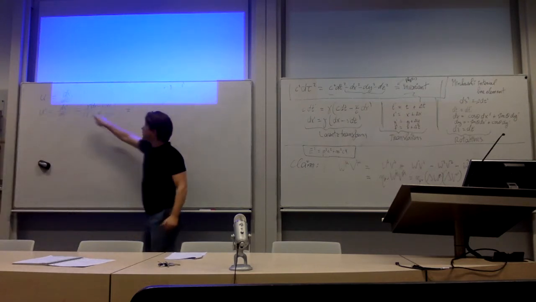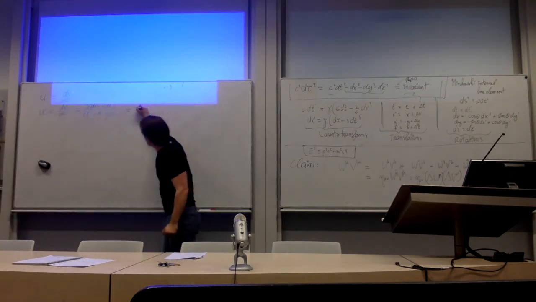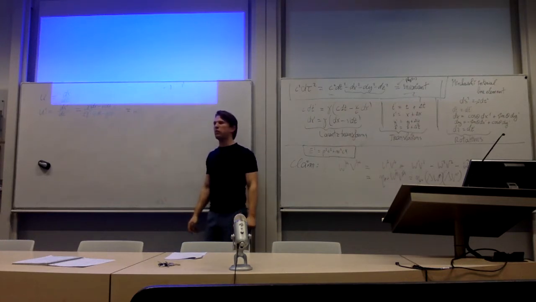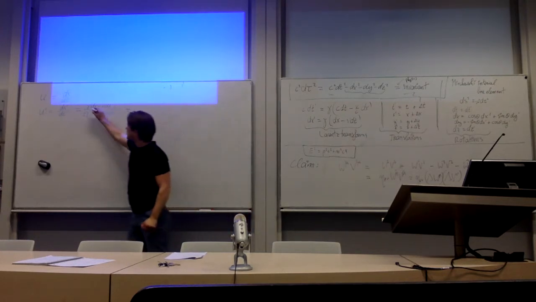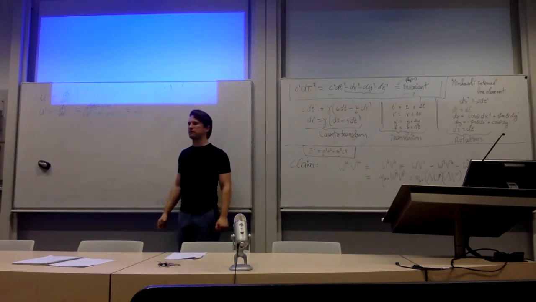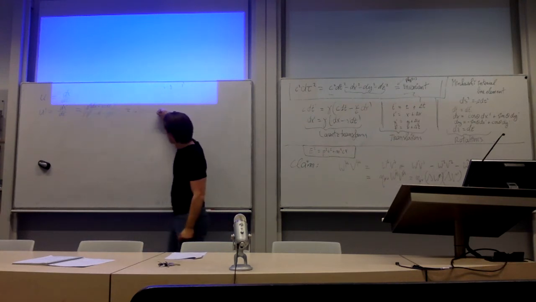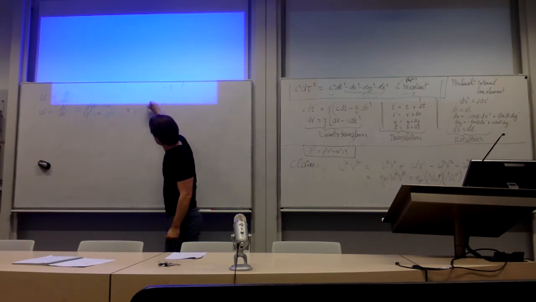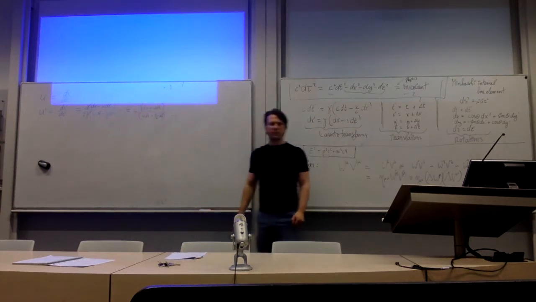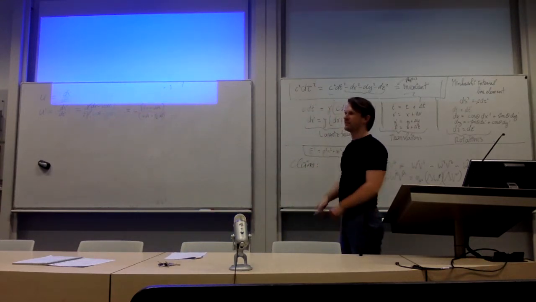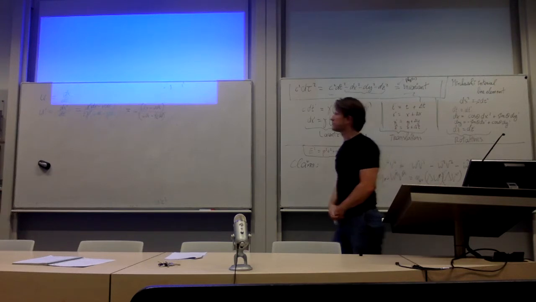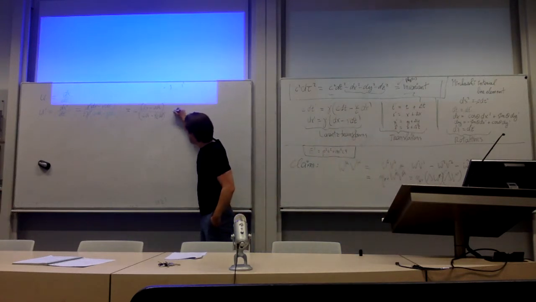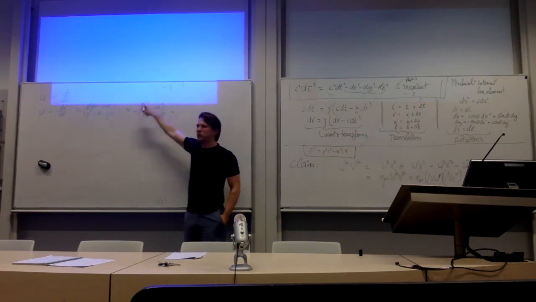Well, 1 over c in total will just give you a c. The gammas drop out. Then I get dx minus v dt, and below I get c dt minus v over c dx. Agreed? Just doing the algebra here. Alright, do some more algebra because I can see some use in there.